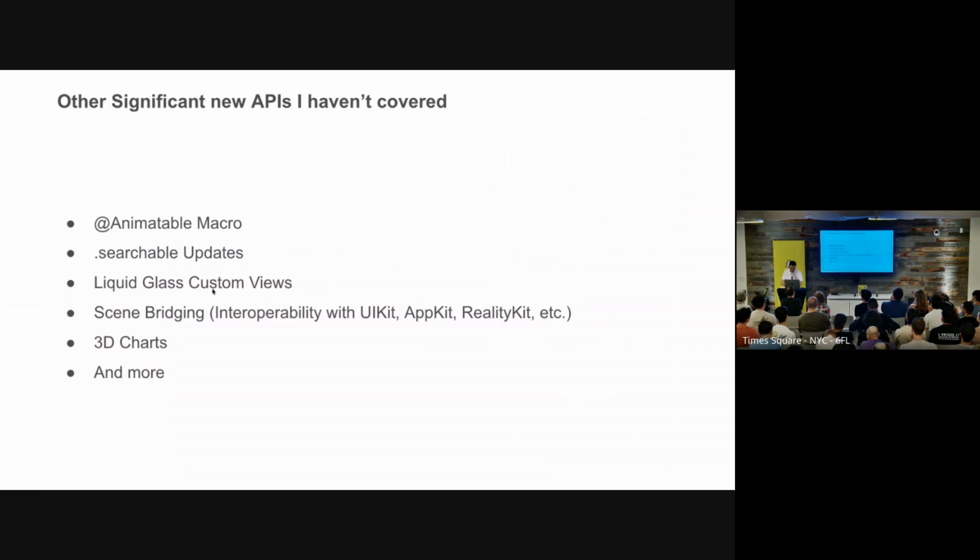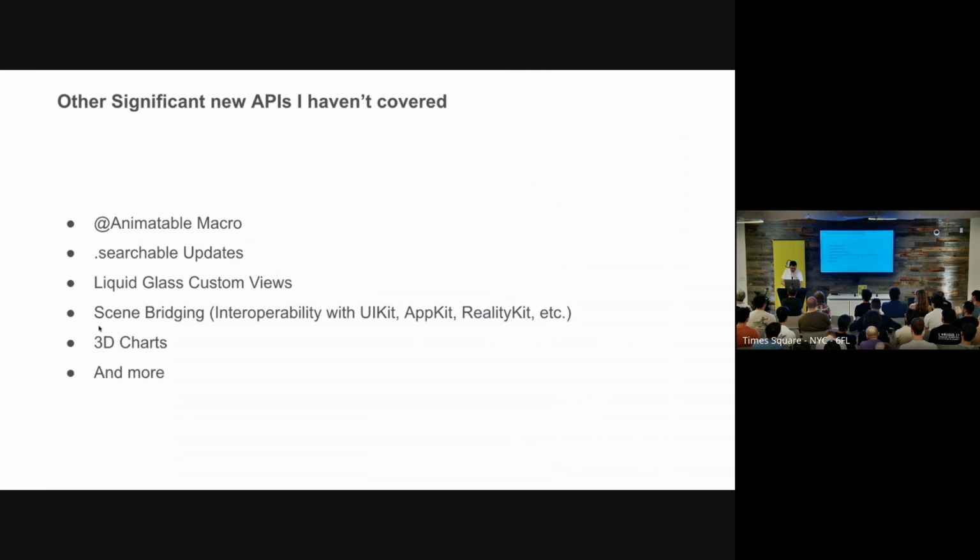There is Liquid Glass for custom views. I used the toolbar buttons, but you can also create your own. You can apply the glass to regular views, for example to a label, and play around with it. So you can create your custom glass views.